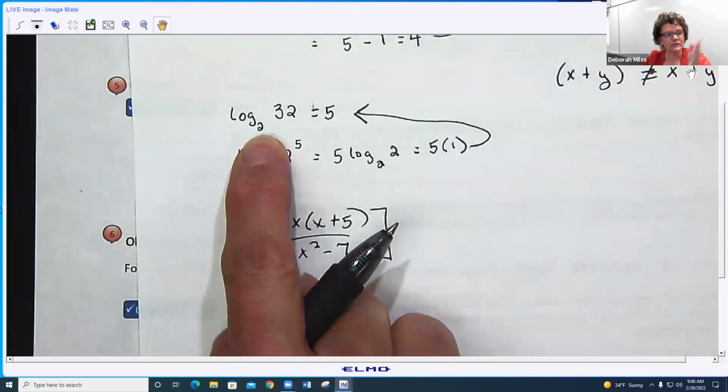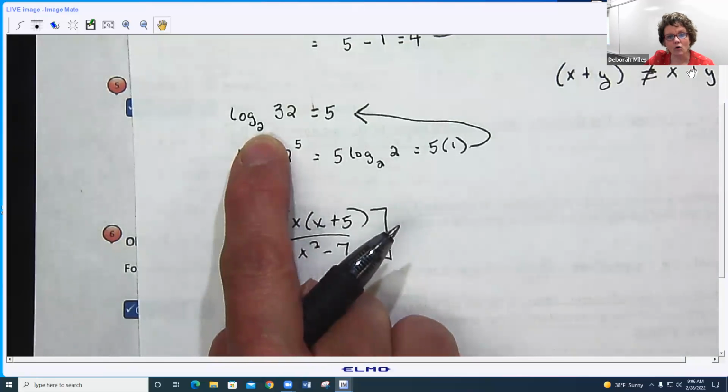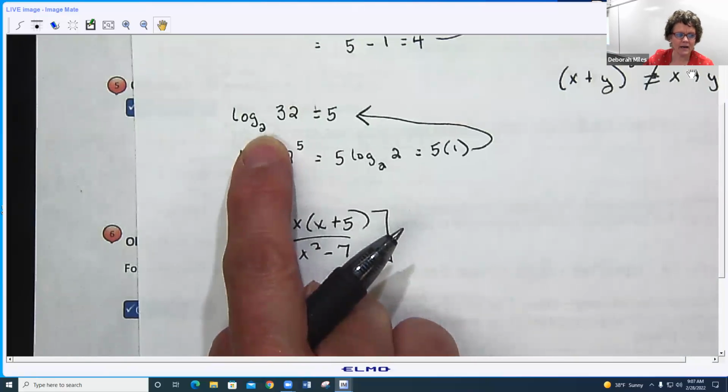Some calculators now let you enter a base other than 10 and e. But most of us, our calculator only will do log base 10 or log base e. Which button does log base e? LN. The natural log button, all right?